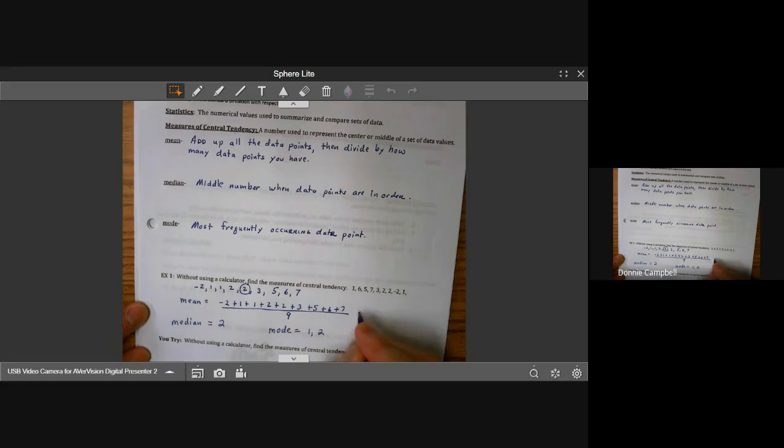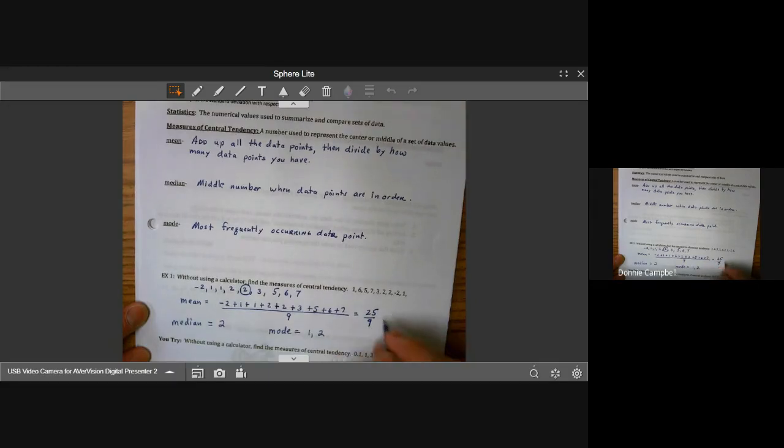When you add them up on the top, you get 25 divided by 9, which is 2.78. So your mean is 2.78. The abbreviation or symbol for mean is x with a bar over the top.